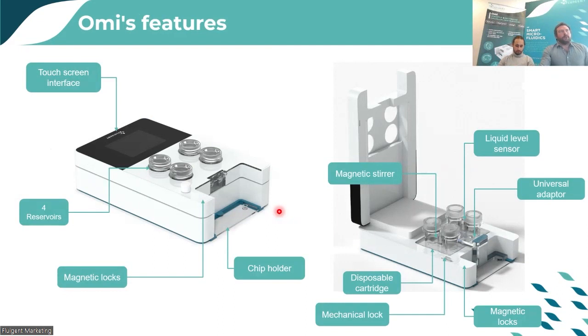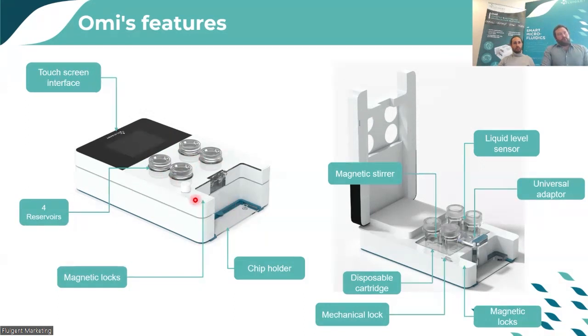Now more in detail on OMI's features. When it's closed, you can see here you have a screen. Actually, it's a touch screen, so it will display the status of the OMI, and you can also do some manual operations that will be described later on. You have the reservoirs that you can still access when it is closed.